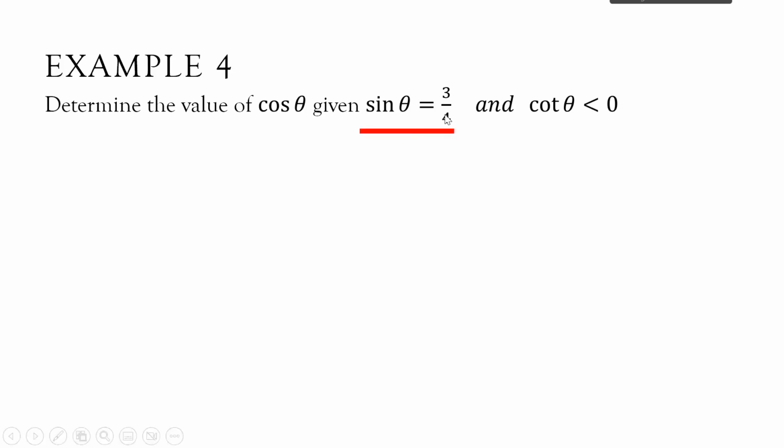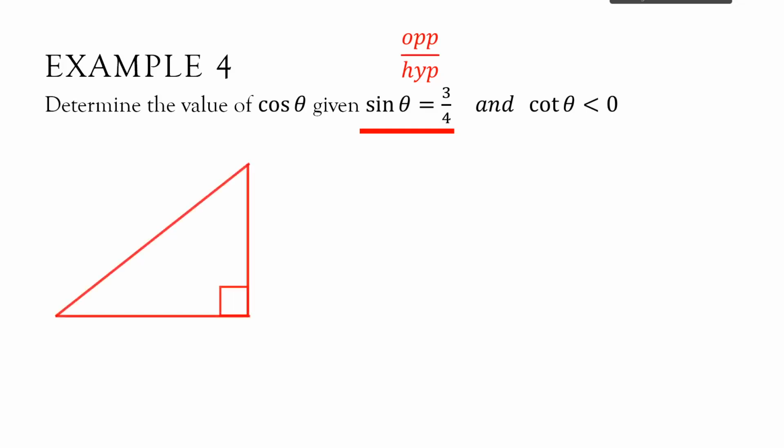Well, first off, let's look at sine of theta being 3/4. I know if sine of theta is equal to a number, sine is opposite over hypotenuse. In other words, if I draw a right triangle and label theta to be one of my angles, then the opposite side will be 3, and my hypotenuse will be 4.